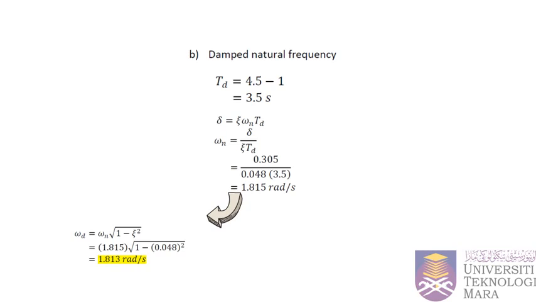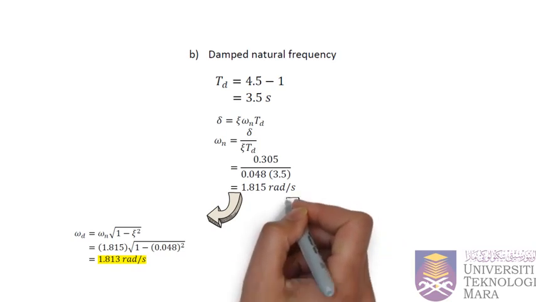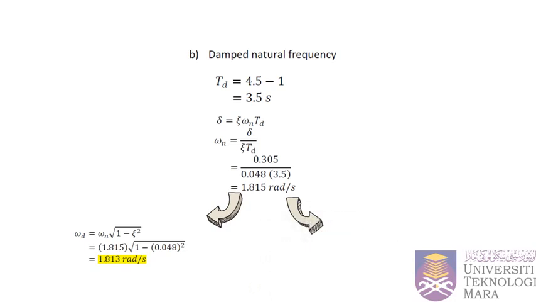And we substitute the answer into the damped natural frequency, and we get 1.813 radian per second. It also has a second way as given, but we have a different answer. Both are correct.